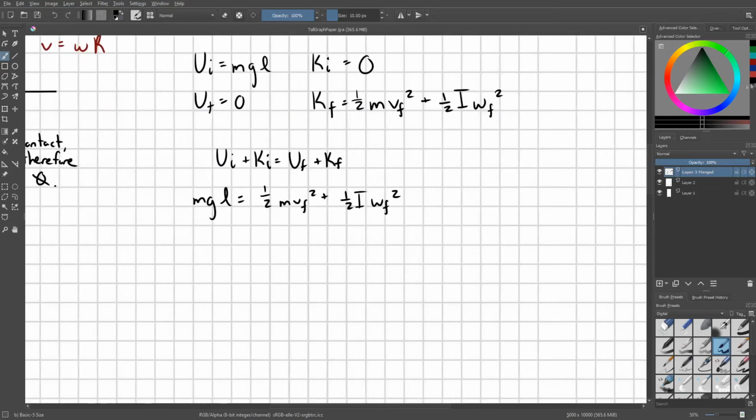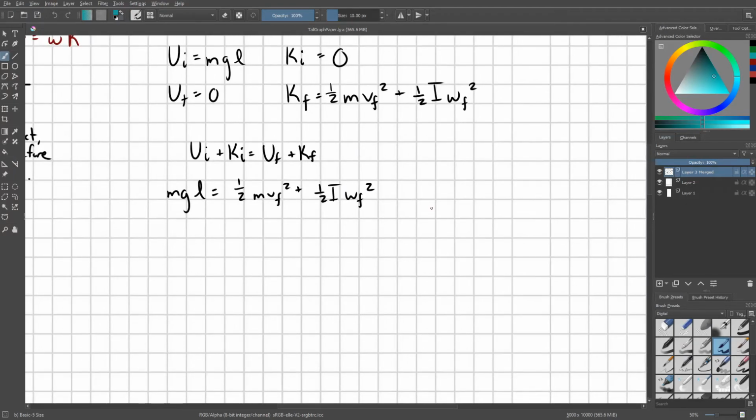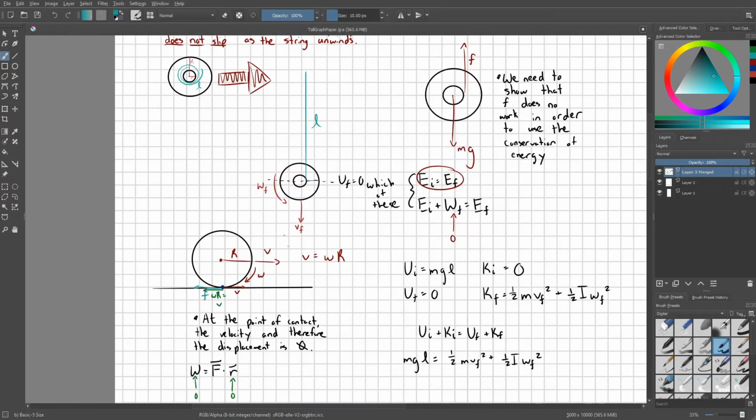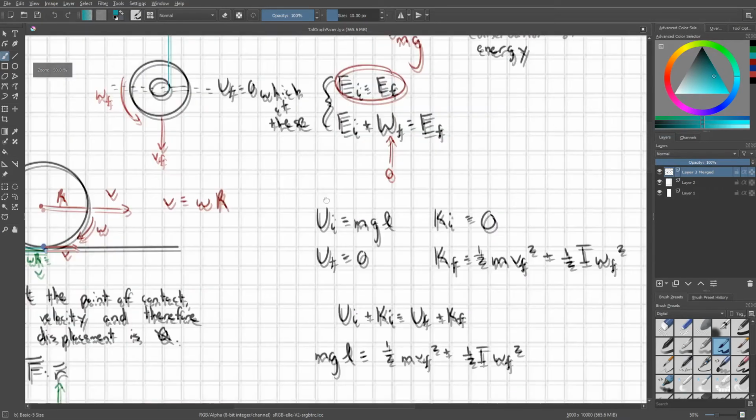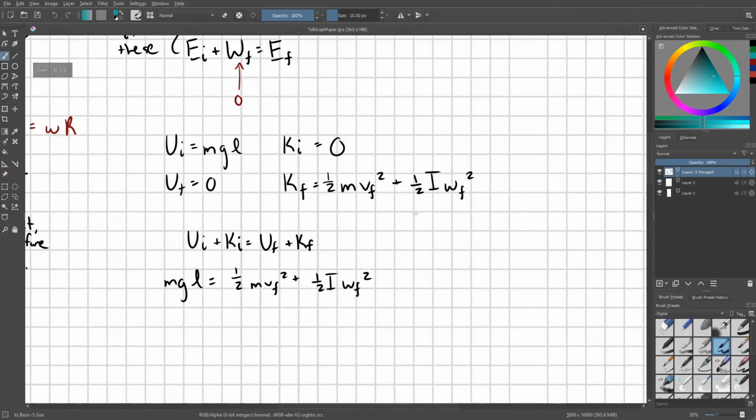Let's go ahead and start making some key substitutions. First, let's determine what I for this yo-yo is. Because this yo-yo is essentially a disk of this radius big R, the moment of inertia for this yo-yo is 1/2 times m times big R squared.